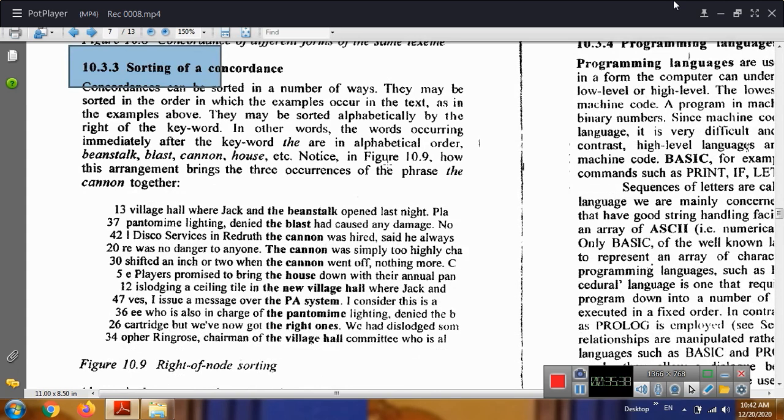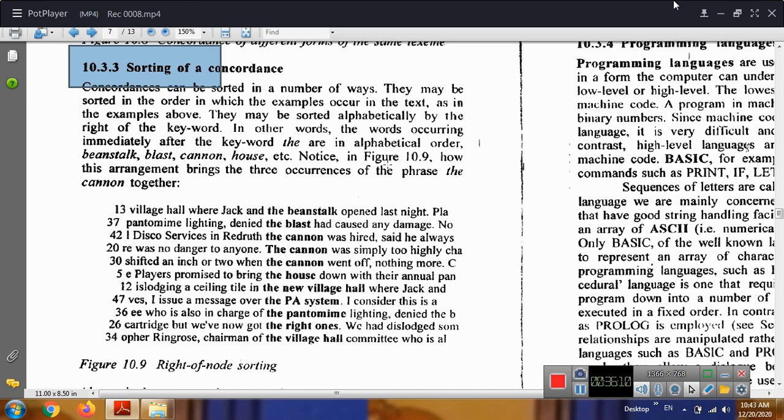Concordances can be sorted in a number of ways. They may be sorted in the order in which the examples occur in the text, as in the example above. They may be sorted alphabetically by the right of the keyword. In other words, the words occurring immediately after the keyword are in alphabetic order: beanstalk, blast, cannot, house, and others.